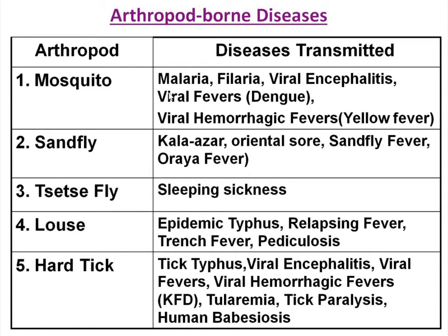Mosquitoes, ticks, tsetse fly are all vectors. Vectors are those which transmit the disease from one human being to another. You should know the difference between the causative agent and vector.